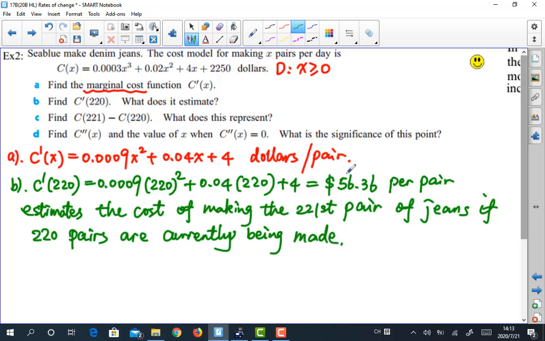So that means this is the estimation on the cost if I want to produce one more pair of jeans after I produce 220 pairs of jeans.